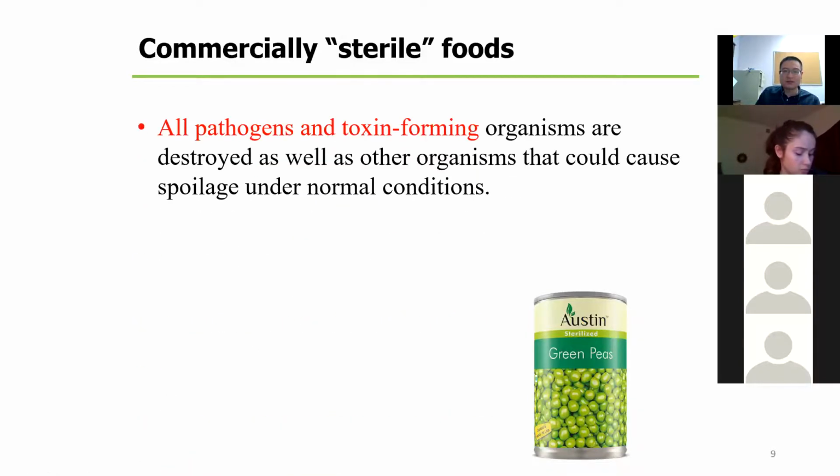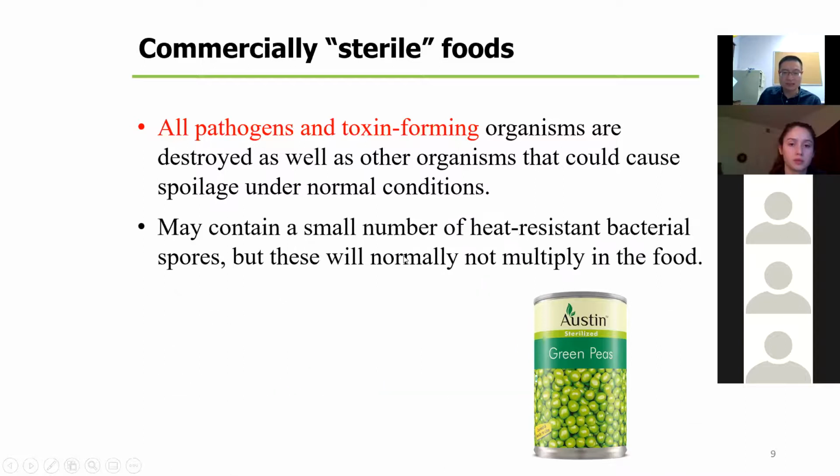So there are a lot of commercially sterilized foods, and in those types of foods, we are trying to make sure that all toxin-forming organisms and the pathogens are destroyed, but there are still spoilage microorganisms there, a very small amount, and they are tested.